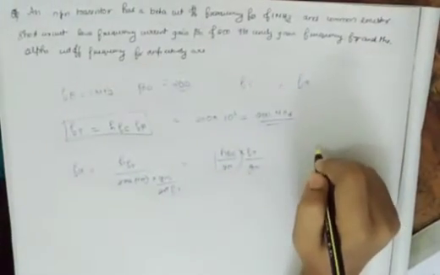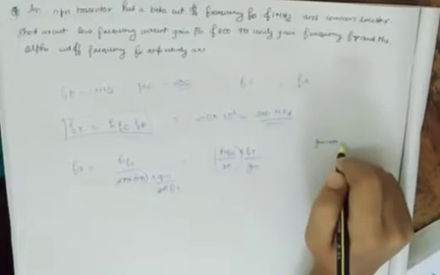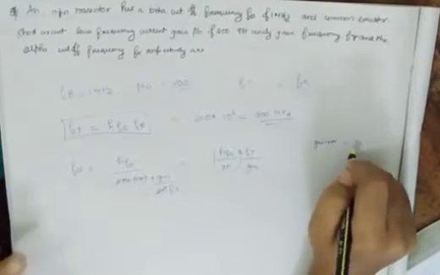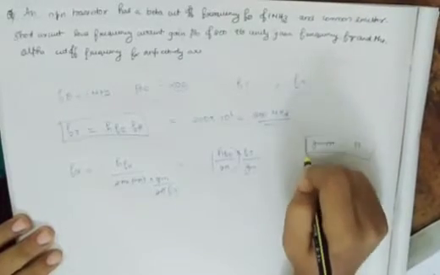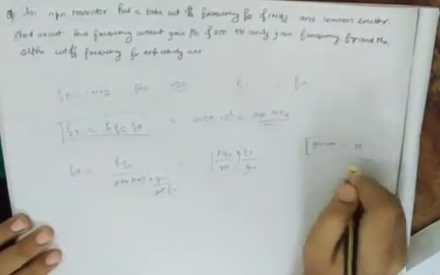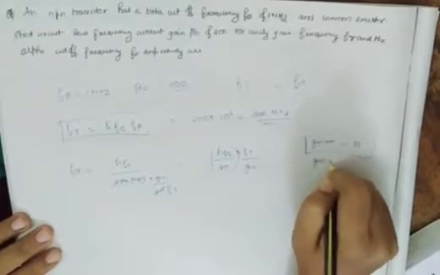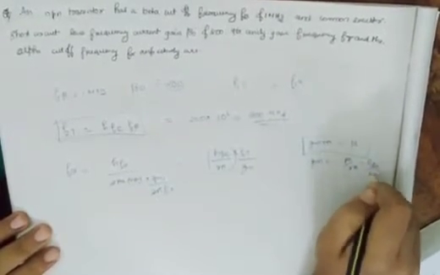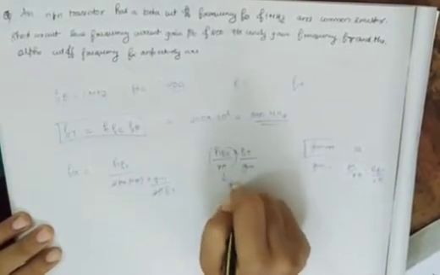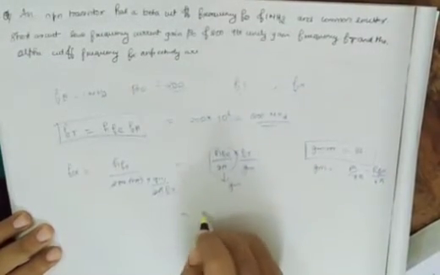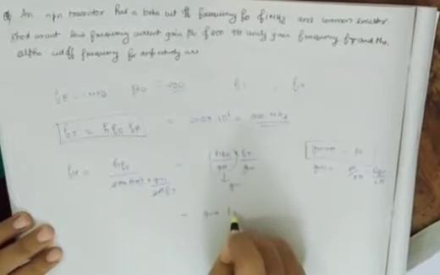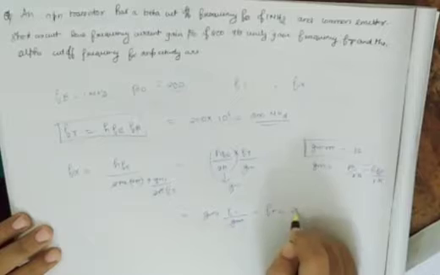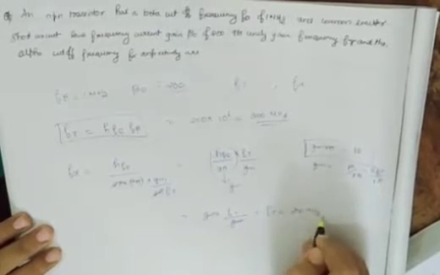We know another formula, gm r pi equal to beta, so gm equals beta divided by r pi, or hfe divided by r pi. Substituting that, we get gm into ft divided by gm, which is equal to ft itself, that is 200 megahertz.